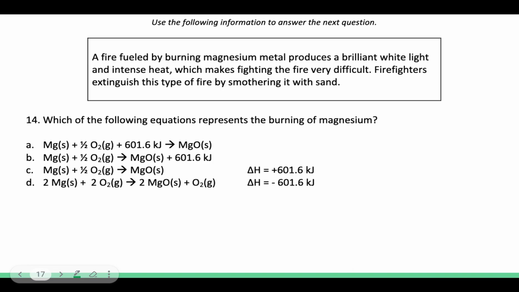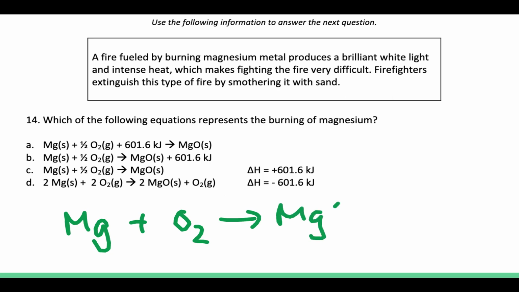Okay. Question number 14, we have some information about burning magnesium, where you get that bright white light. So we did a lab on this as well for Chem 30, where we did Hess's Law long. So which of the following represents the burning of magnesium? To get formation, if you came up with the question, it would have magnesium plus oxygen to form magnesium oxide.